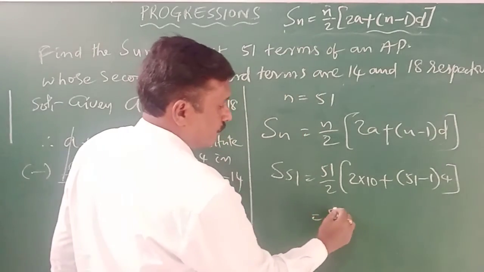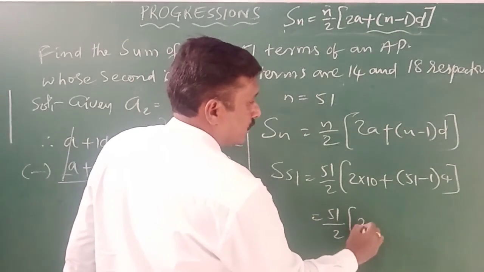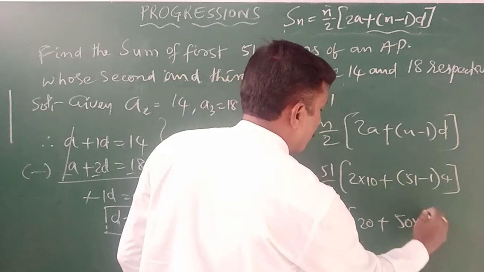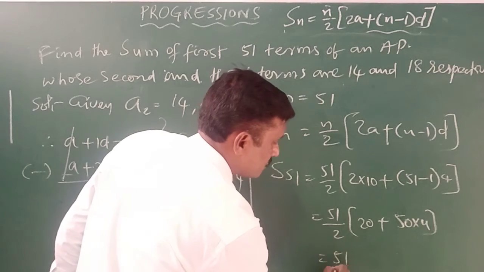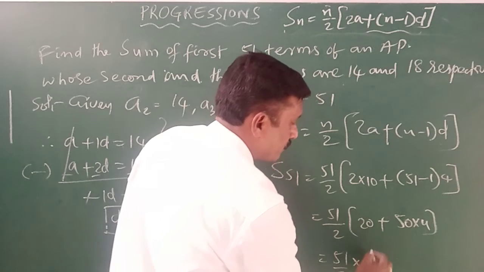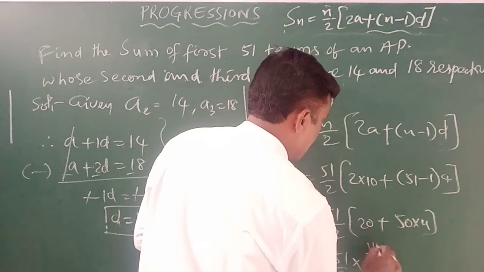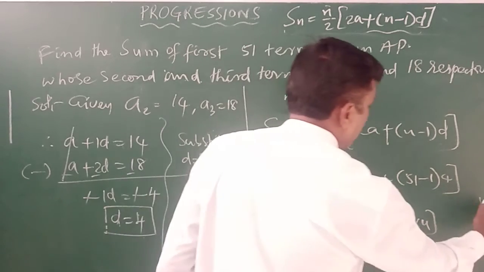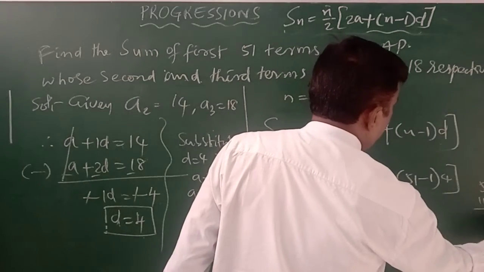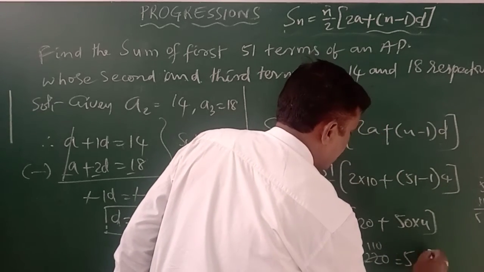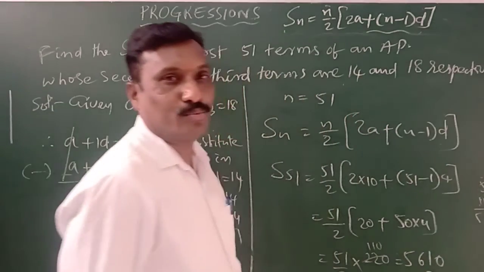So therefore 51 by 2 of 20 plus 50 into 4. It is 51 by 2 into 200 plus 20, 220, that is 110. So you get 110 into 51, it is 5610.